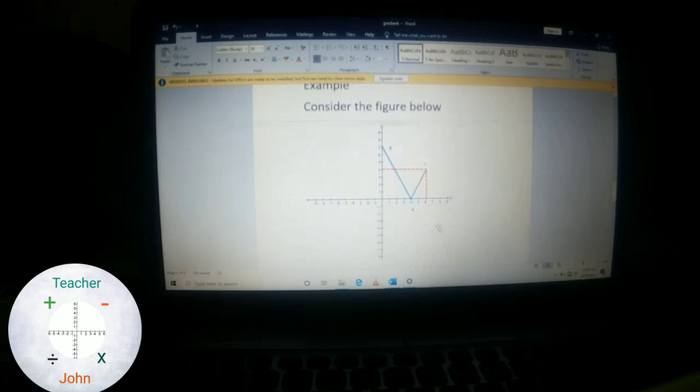And also in this one, when you are given such a graph or such a Cartesian diagram, you can also get the gradient. If you are told AB, you get the values of A, which is (4, 0), and B, (0, 7).